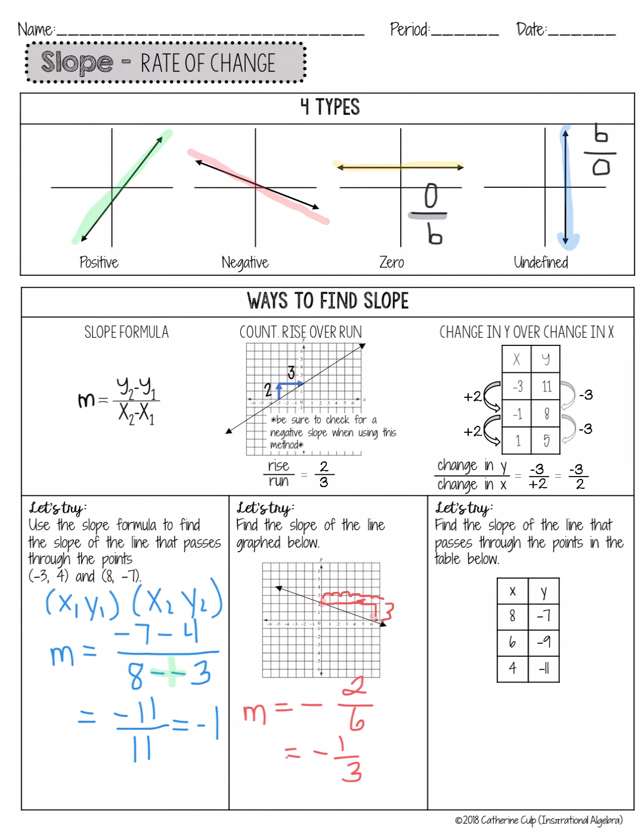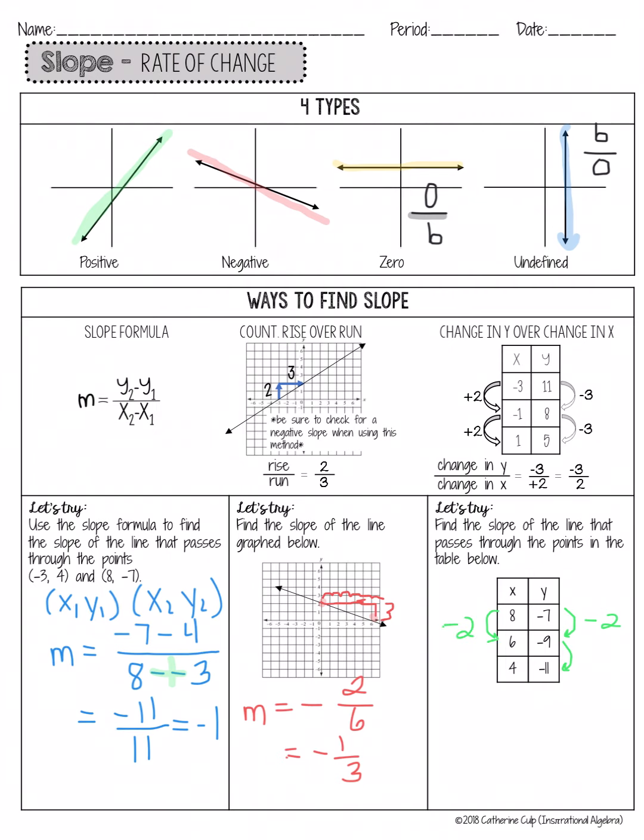Right? And then lastly, let's look at this table. I'm going to look at my change in y first. So I'm going from negative 7 to negative 9, which means I'm going down 2. And if I look at, just to make sure, from negative 9 to negative 11, it's also down 2. Then I'm going to go over and look at my x's. 8 down to 6 is down 2.